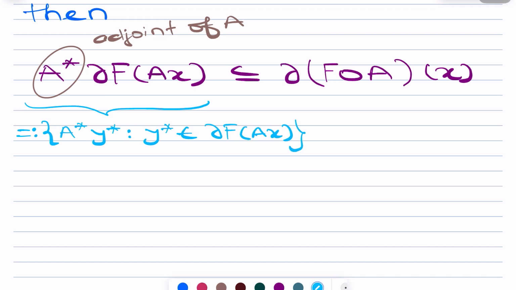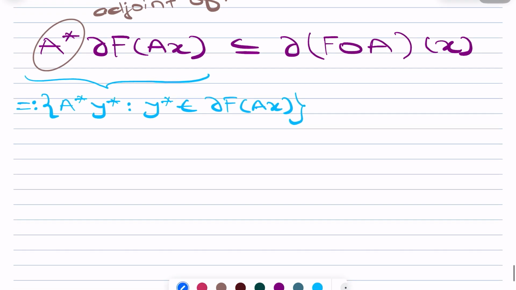And of course, you might wonder, when do we have equality?